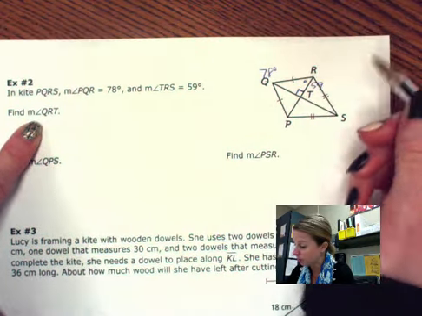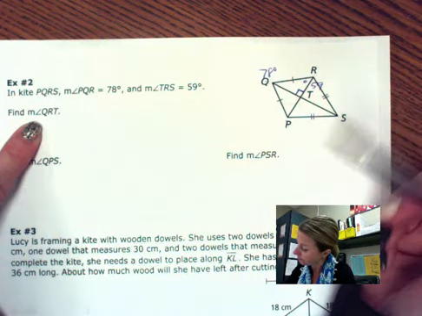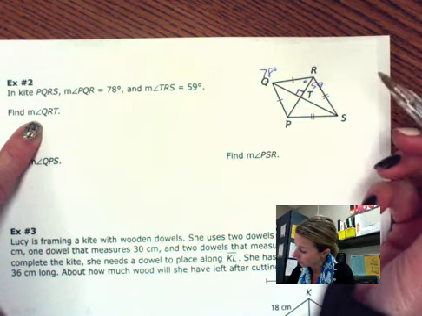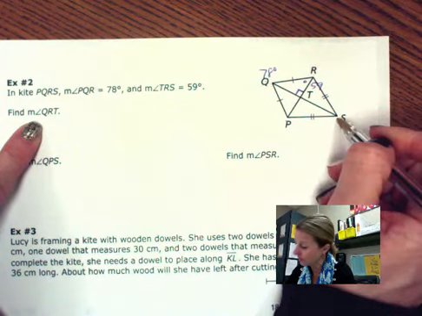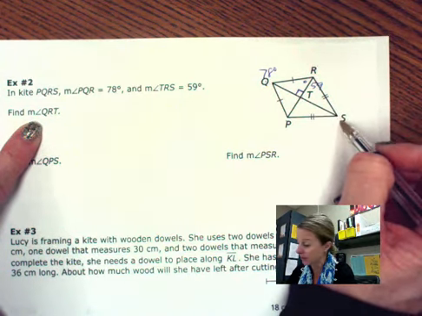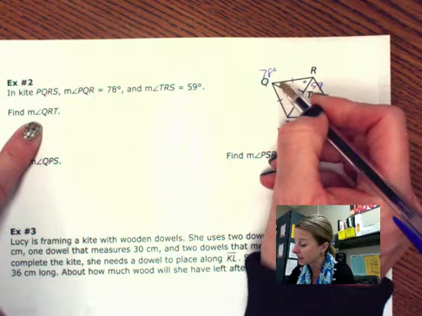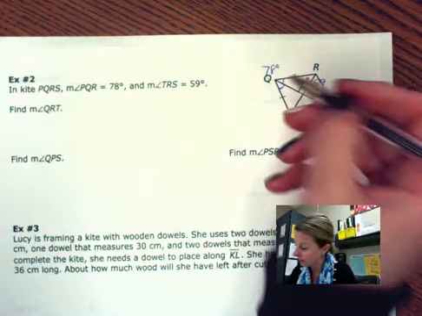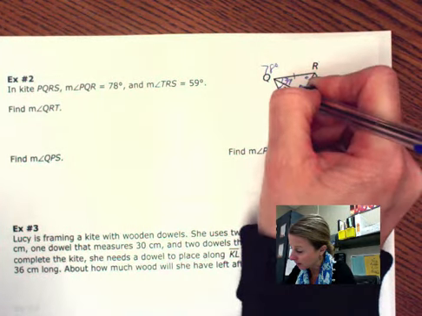So what I'm going to do is break this up into triangles. Let's see. What else do I know? Okay, I also know, even though Q and S are not congruent, they are bisected. So I can take half of 78, which gives me 39 and 39.